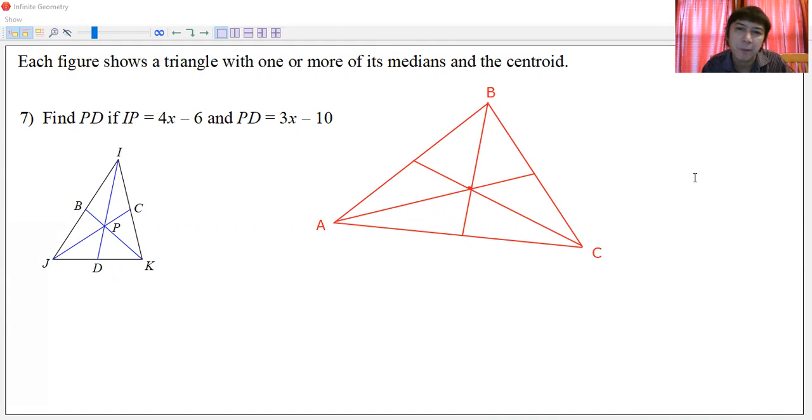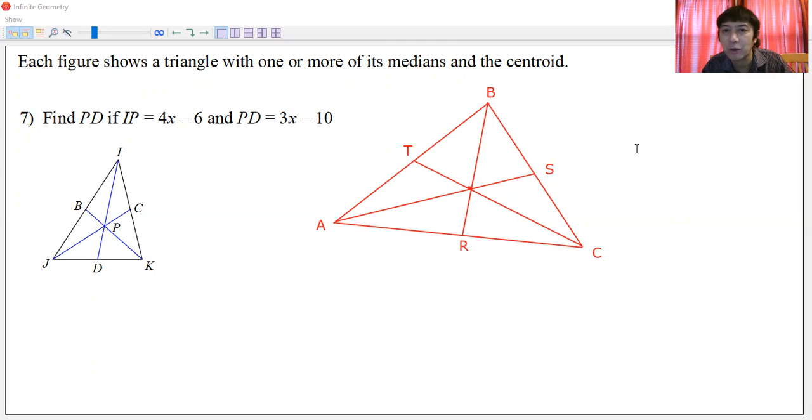Now let's put some letters for the points, the midpoints of the sides. So let's have one point here, this will be a midpoint. Another midpoint here, say S, and then another midpoint here, say R. There.